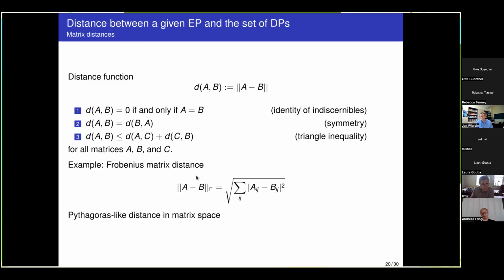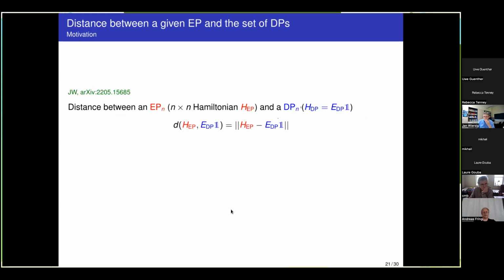Okay. One simple example is the Frobenius norm. The distance is just this distance function with the Frobenius norm, and then it's the natural generalization of the distance between 2 points in vector space. It's kind of a Pythagoras-like distance in metric space. Now we define the distance between an exceptional point of order n and a diabolic point of the same order n by using the Hamiltonians.